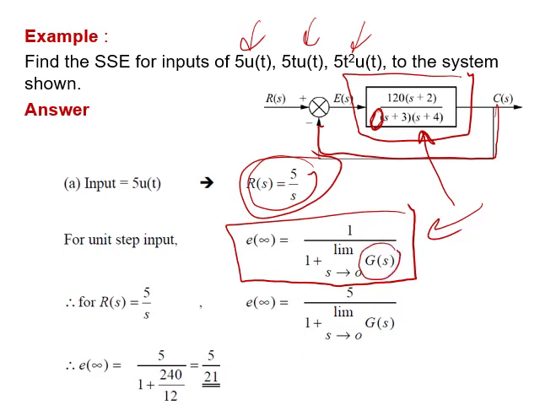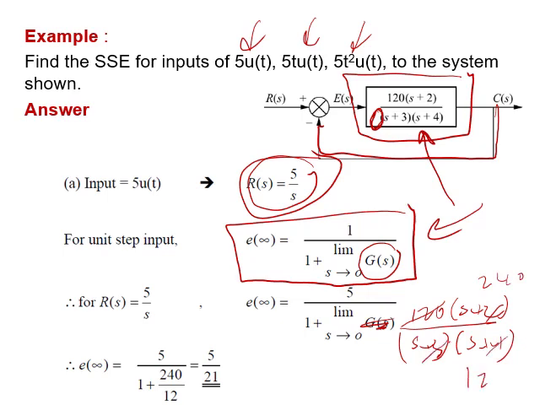By substituting, it's 5 over 1 plus the limit of G(s), which equals 120 into (s plus 2) over (s plus 3) into (s plus 4). Of course, s is 0, which means it's going to be 120 into 2, which is 240, over 3 into 4, 12.